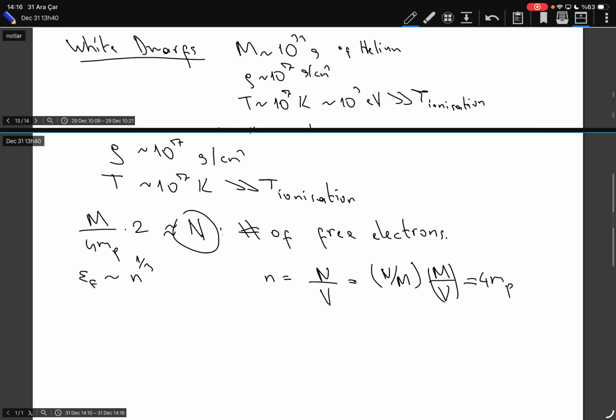The number of electrons is given by this number, so 2 times the mass of the proton. And M over V is just the mass density.